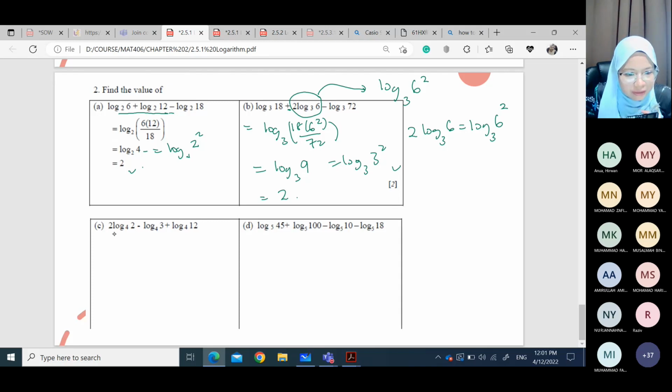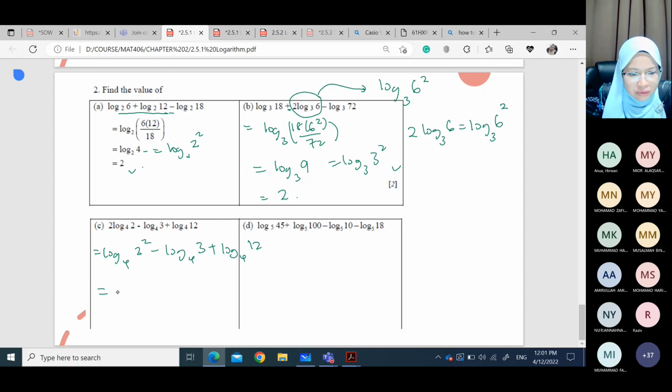So ini boleh buat juga. So ini sama juga dengan log 4 2 to the power of 2 minus log 4 3 plus log 4 12. So solve for this one. Sama-sama log 4. Tolak. Operasi tolak. So maknanya dia bahagilah. Okay. 2 power of 2 over 3 times 12.